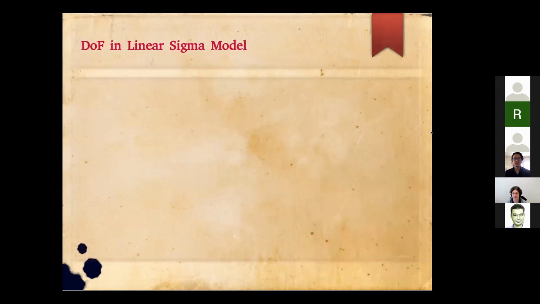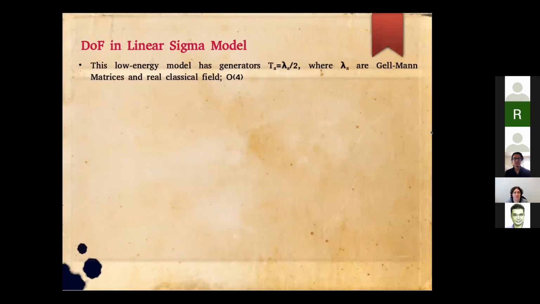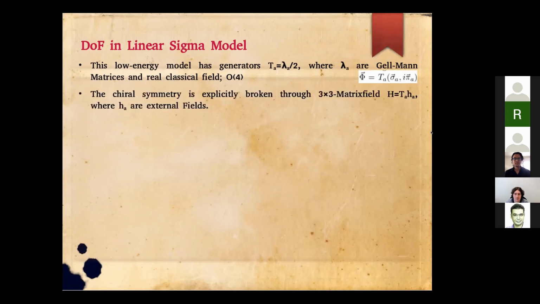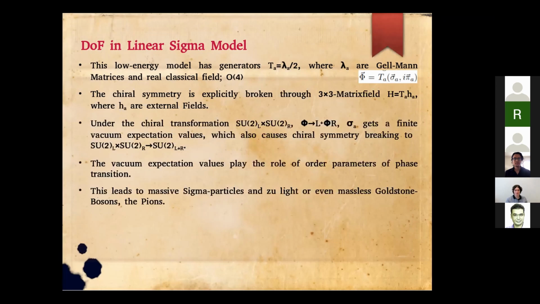Okay. The degrees of freedom in this linear sigma model, which is a low energy model, has generators T_a, which are connected to the Gell-Mann matrices, and have a real classical field like this. The chiral symmetry is explicitly broken through a 3x3 matrix field. And you can see this expression where H is the external field of your interest.